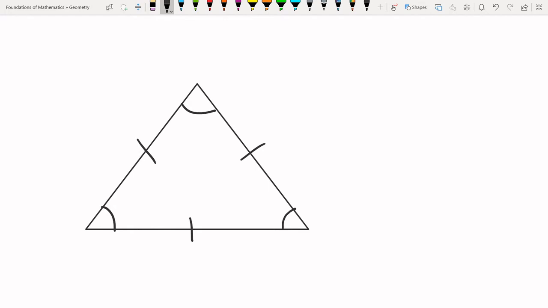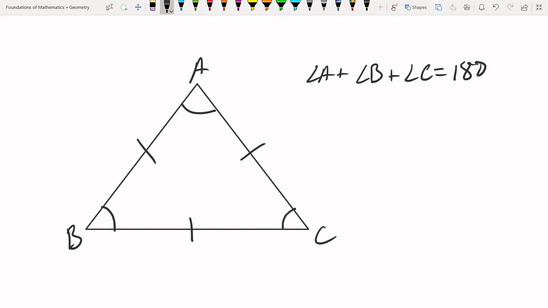Now, because a triangle has all angles equaling 180 degrees, so angle A plus angle B plus angle C equals 180 degrees, and all 3 are the same measurement, then that means each angle must be 60 degrees. 60 plus 60 plus 60 is 180.